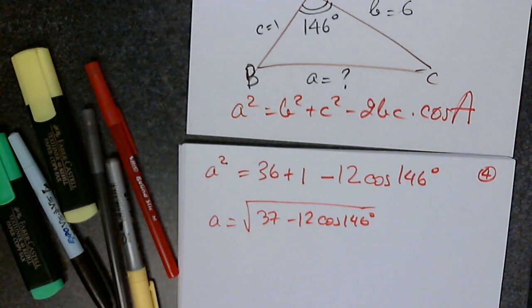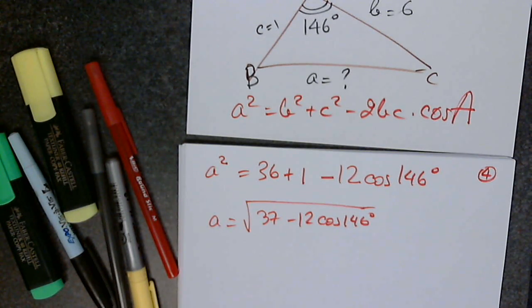I have to put this in the graphing calculator. Make sure that the mode is in degrees, of course. So make sure, yes it is. So I have the square root.